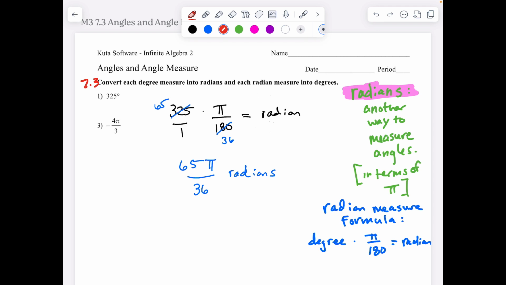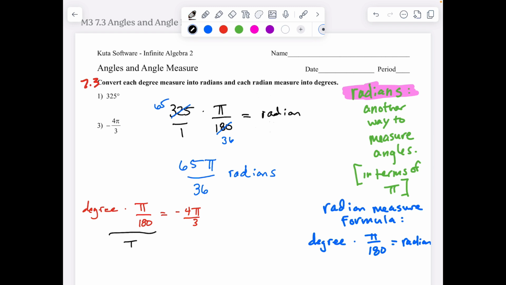So we'll go with number 3 here, where I don't know what my degree measure is, times pi over 180, that same formula that we just used, and that's equal to my negative 4 pi over 3 radians. So I'm going to have to go backwards here to get degrees. One of the things that's important to understand here is that in order to get degrees in this equation by itself, I'm going to have to divide by pi over 180 on both sides.